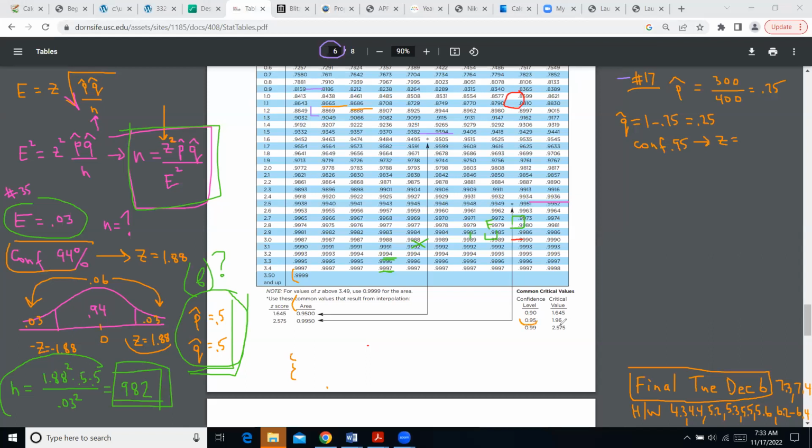For 0.95, it's 1.96. So z is 1.96. So I get an interval from the formula that says p hat minus z times the square root of pq over n. And then on the other side, we need to get p hat plus z times the square root of pq over n, like that.